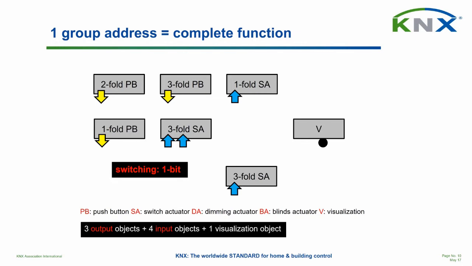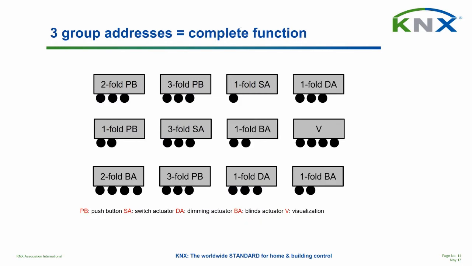So that is quite clear, I guess. And okay, let's have a look at another situation, where a complete function actually needs 3 group addresses. So let's have a look at the same installation, but we shall now create a different function.